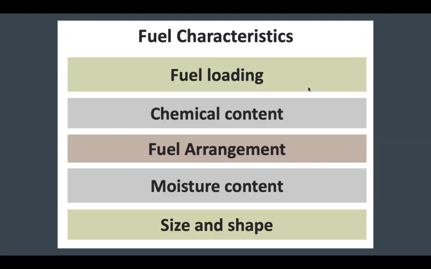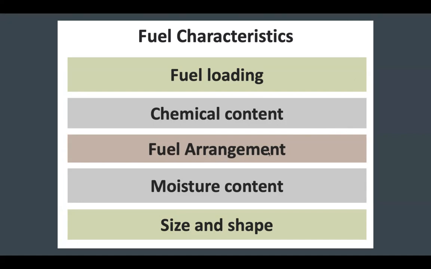So fuel characteristics, right? We have to consider fuel loading, how much fuel, how much leaf litter is in your burn unit, the chemical content, right? So pine needles and oak leaves might burn a little different. And then pine wood in general, the chemical makeup of it makes it burn a little more intensely than, say, oak or other hardwoods that we have.